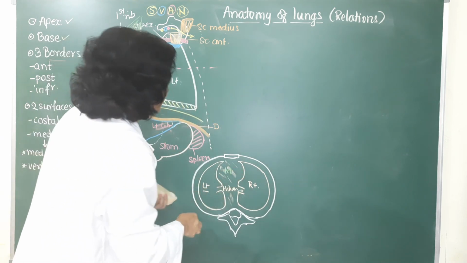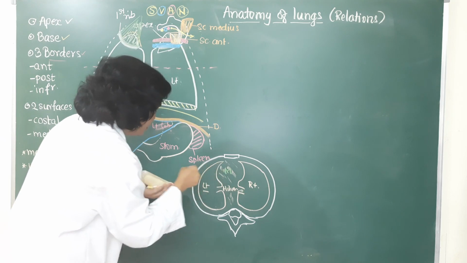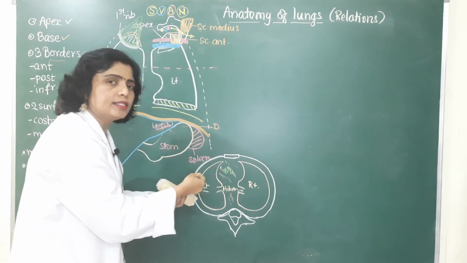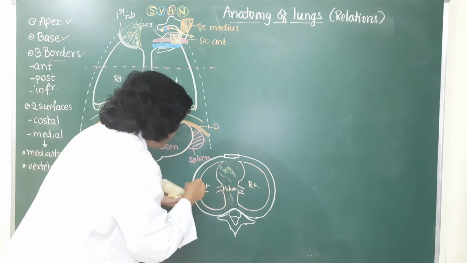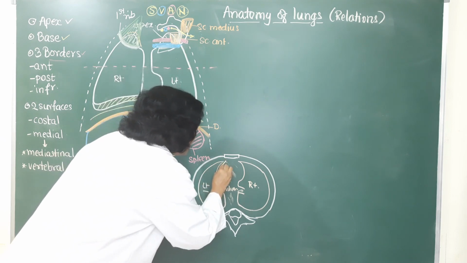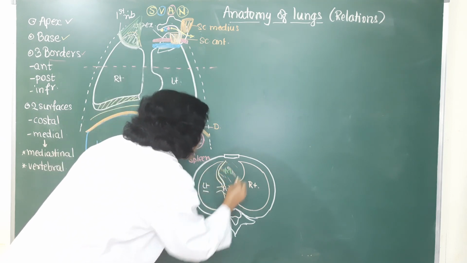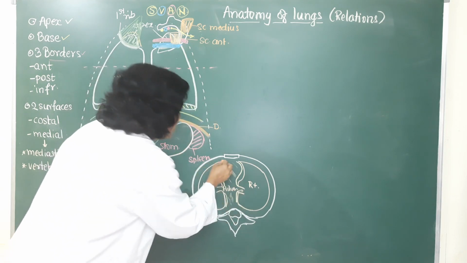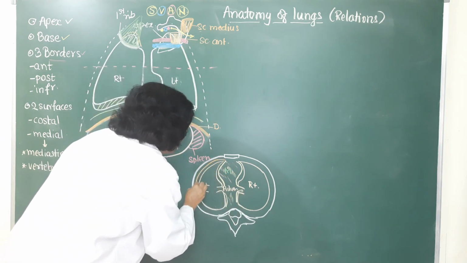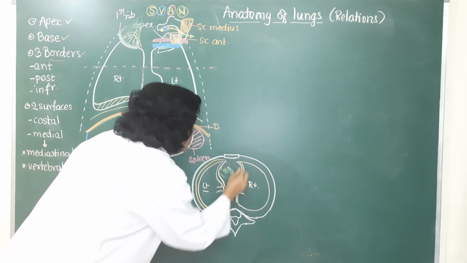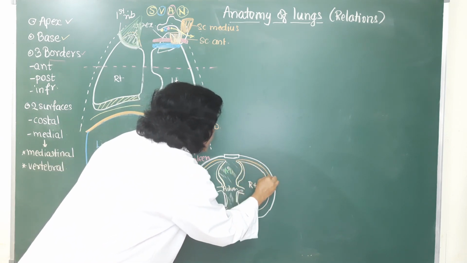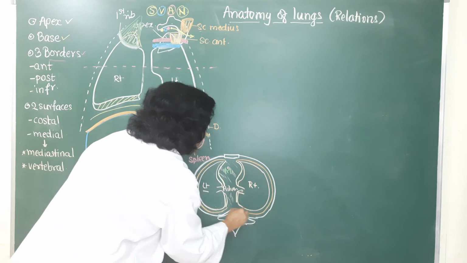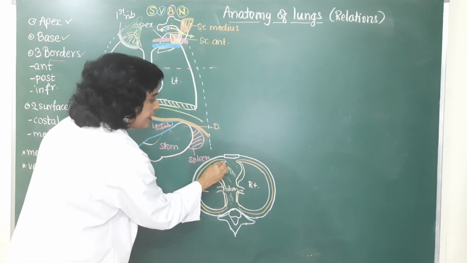Okay, so now coming to the anterior border. This mediastinal surface, or you can say medial surface, is covered by the pleura which is called the mediastinal pleura, while the costal surface is covered by the pleura which is called the costal pleura, which I have drawn with the brown. So here this is the anterior border, right?